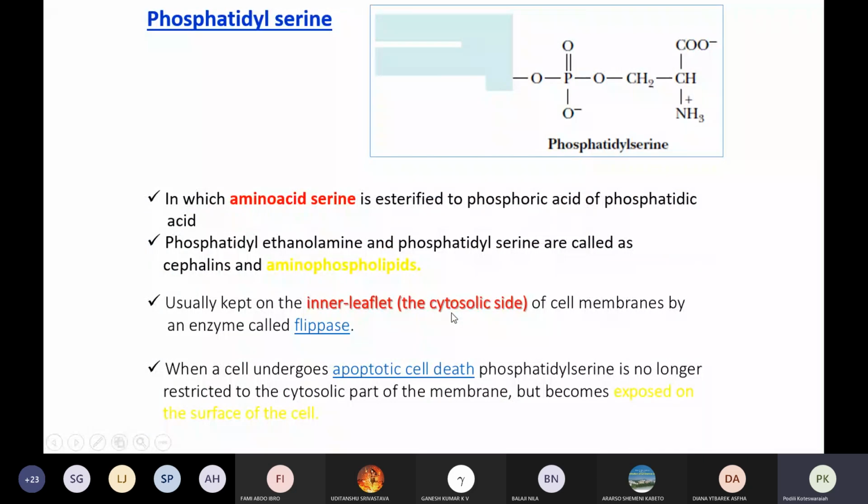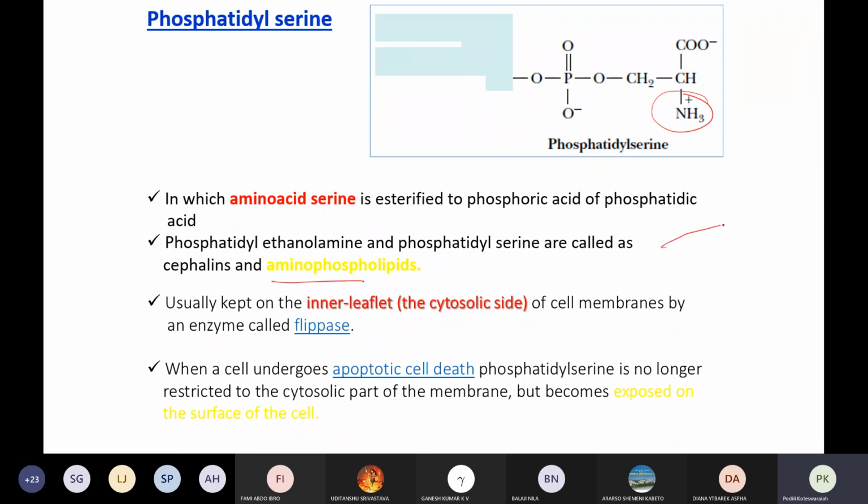Then coming to the phosphatidylserine. Here the phosphatidic acid is further esterified with the serine molecule, and this is known as the phosphatidylserine. Phosphatidylethanolamine and phosphatidylserine are both also known as the aminophospholipids, and this phosphatidylserine is mainly present in the inner leaflet of the biological membrane.